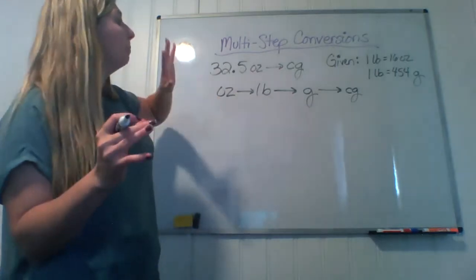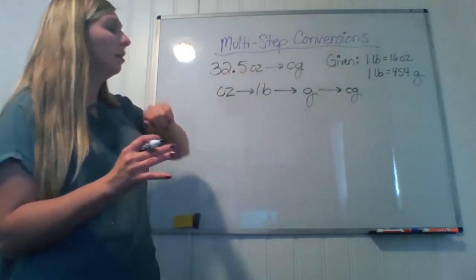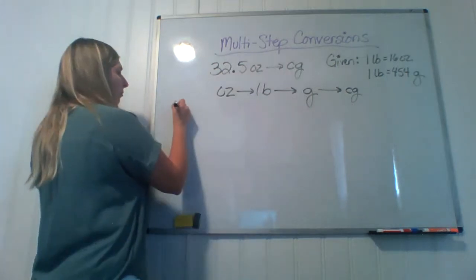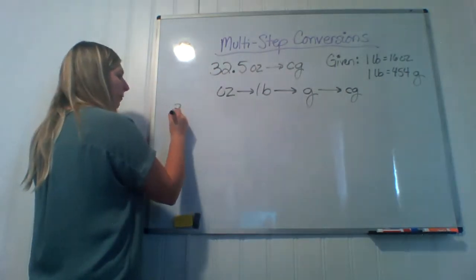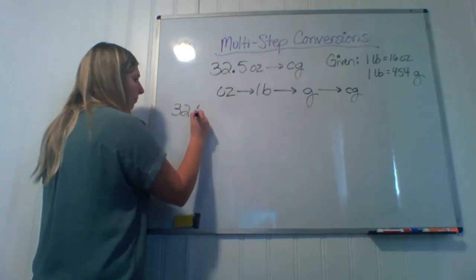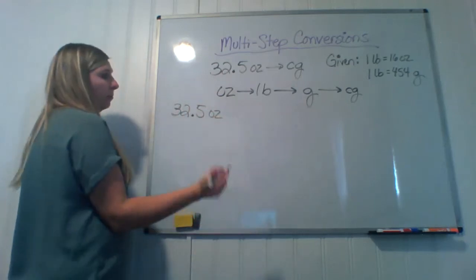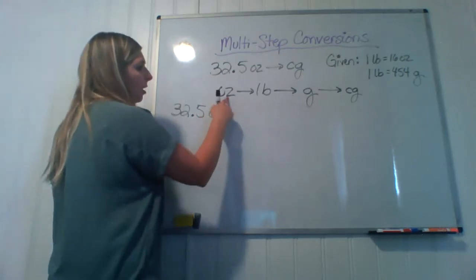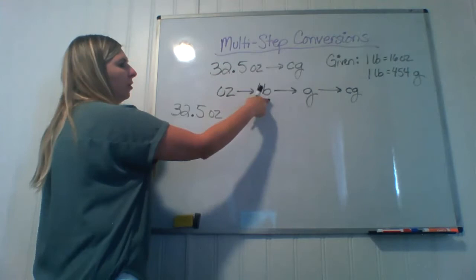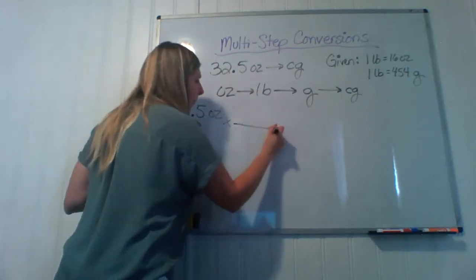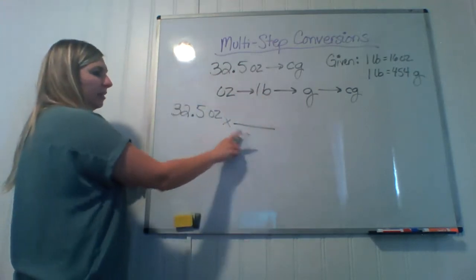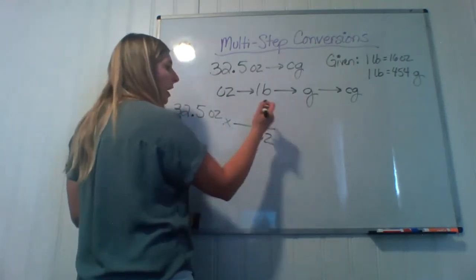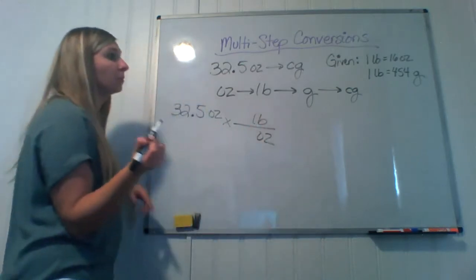Okay, so we begin with our given value of 32.5 ounces. And we're going to follow our plan. So if we're beginning with 32.5 ounces, and our first step wants us to convert to pounds, we're going to need to set up a conversion factor in which ounces are on the bottom and pounds are on the top.